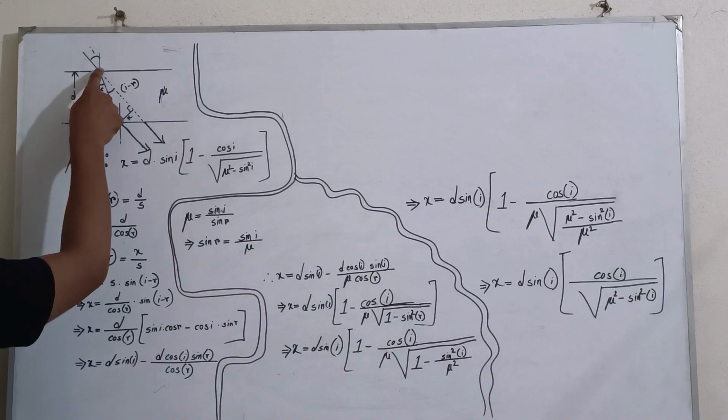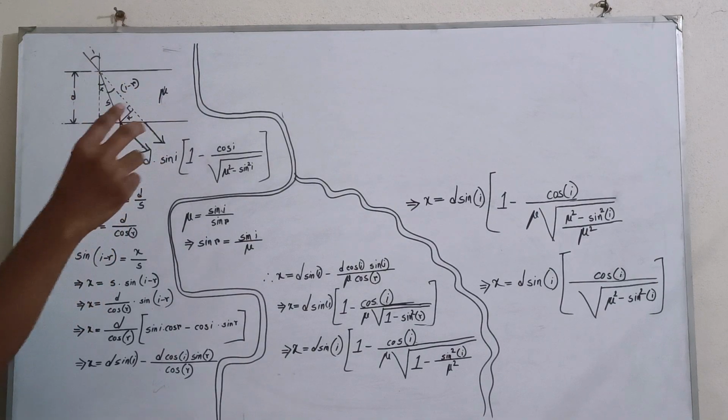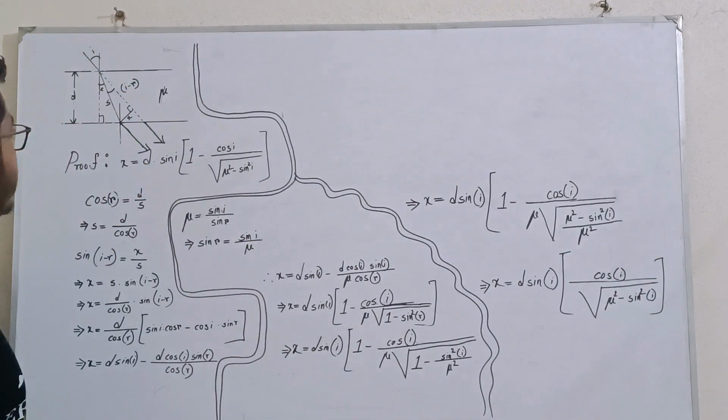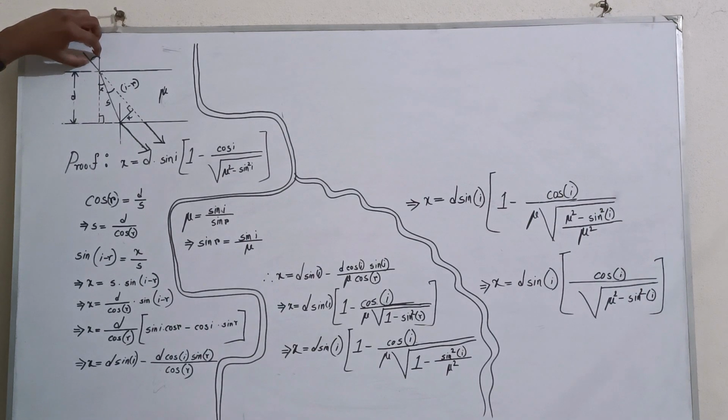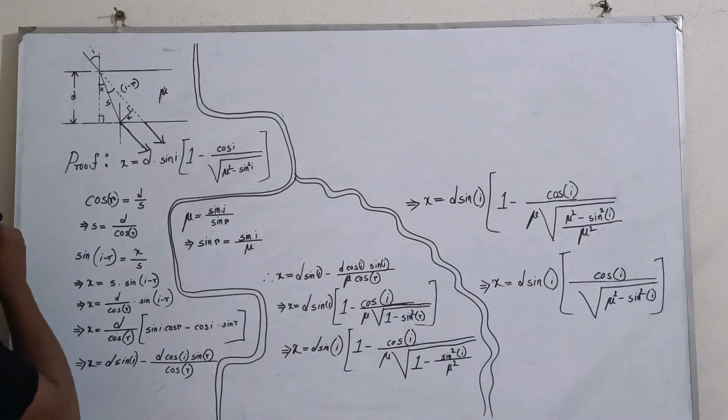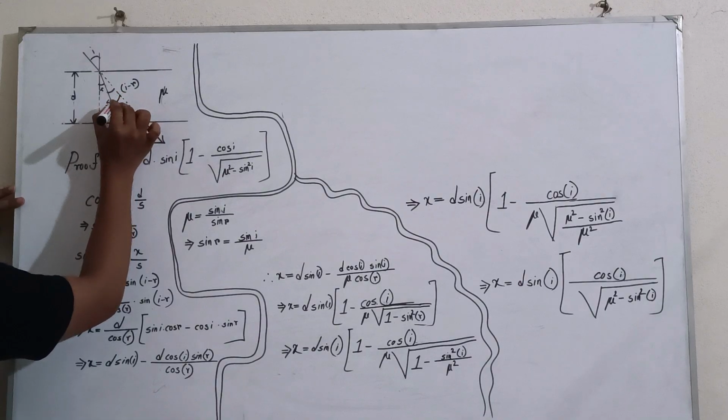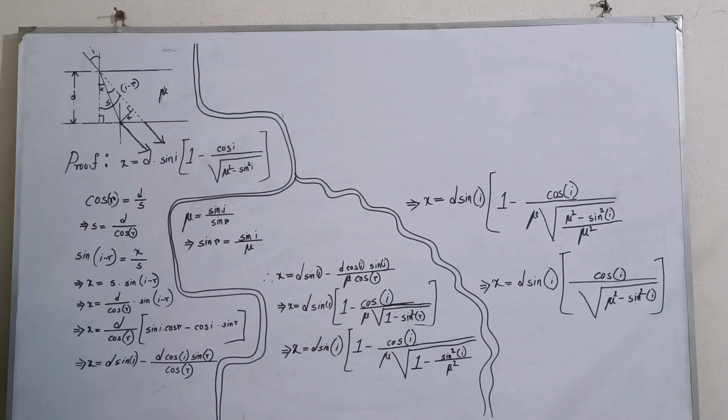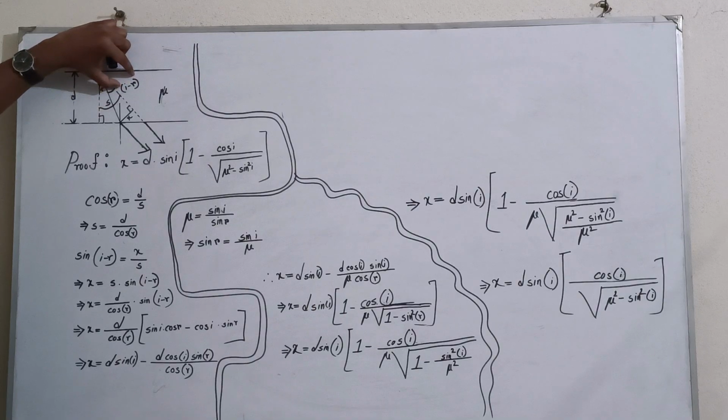We know the property of vertically opposite angles. So this angle is I, so the entire angle would have been I as well. And since this portion of the angle is R, the remaining portion of the angle will be I minus R.